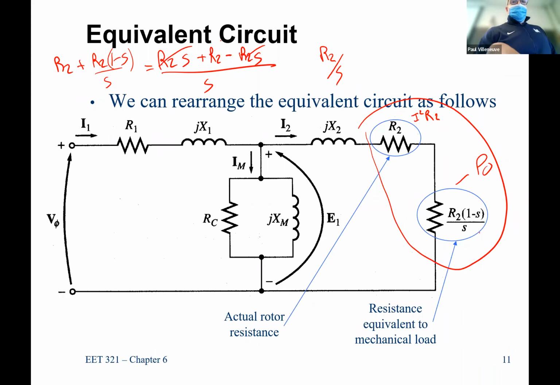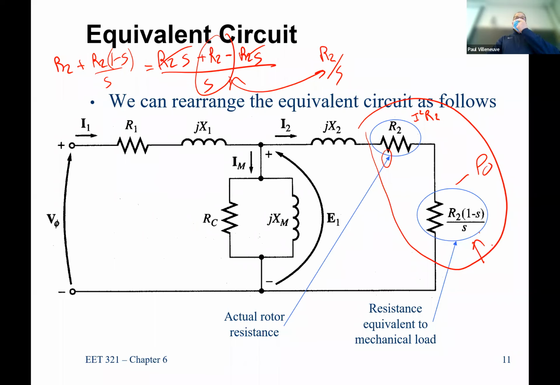Those 2 will cancel. Same thing. I just literally pulled those 2 apart because I need to know what the losses are in the machine and what the output power is going to be.